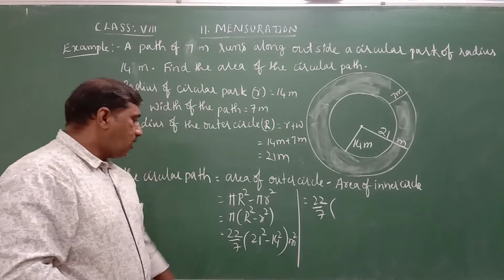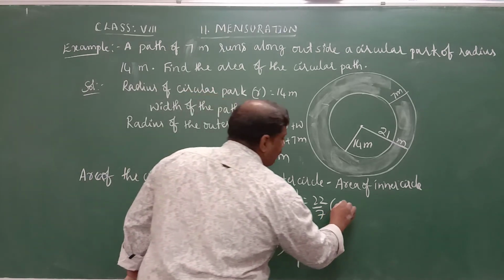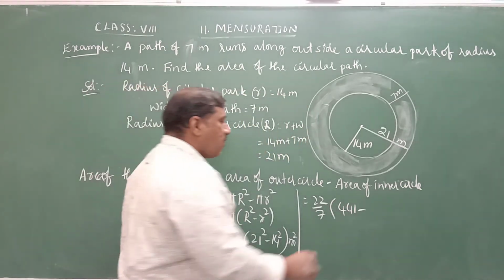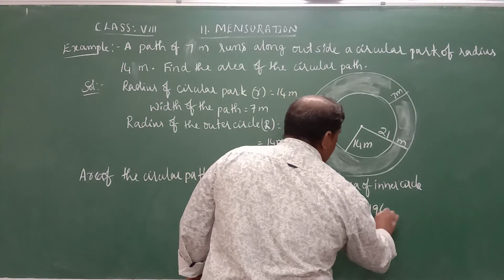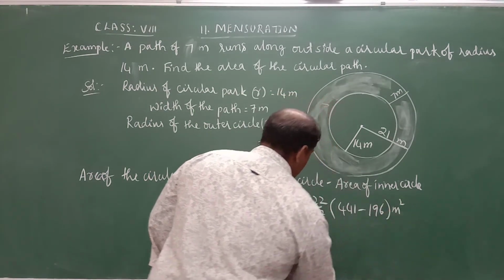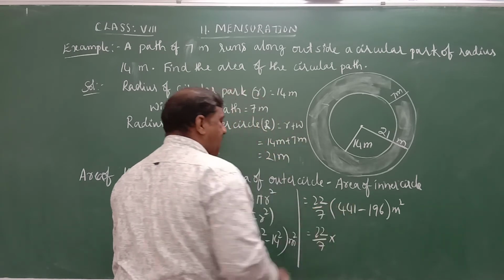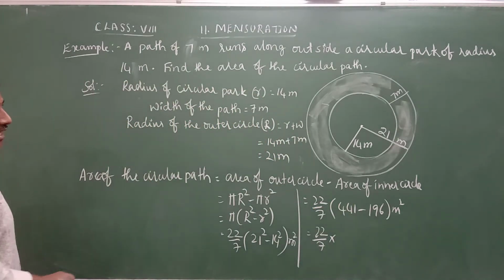Now 21 square is equal to 441, minus 14 square is equal to 196 meter square.